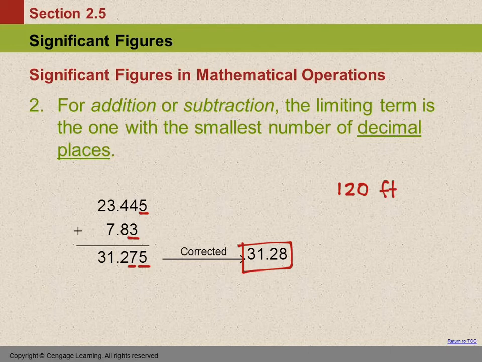So let's say you're measuring the wall of a building or something, and it was 120 feet. And this was a very rough measurement, because maybe you paced it off. You didn't even have a tape measure that long. So you figured out how long your steps were and you paced it off. And so it's really kind of a guess of a number, 120 feet.